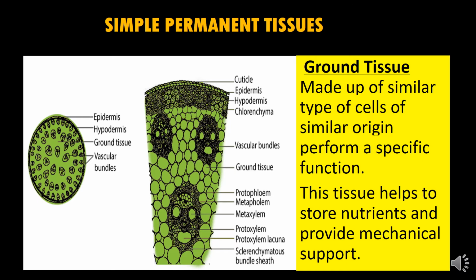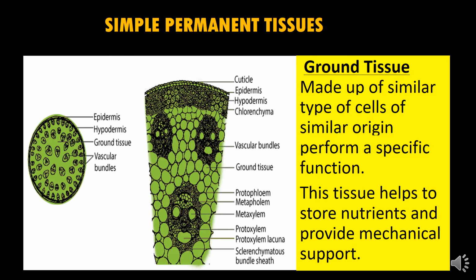This is the main simple permanent tissue present in a plant. It is made up of similar cells having similar origin, and all the cells perform a single simple function. This tissue helps to store nutrients like food and water, and it also provides mechanical support to plants.